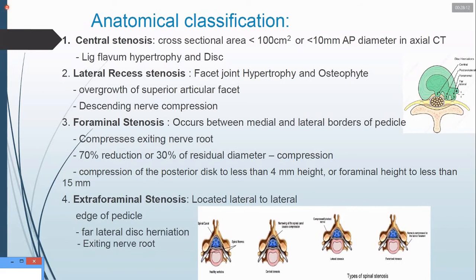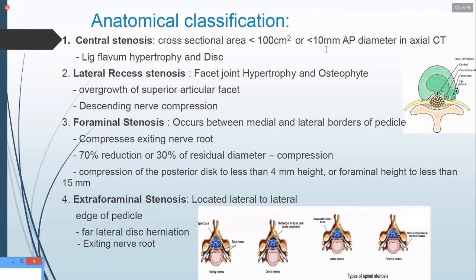We call it central canal stenosis when the area is less than 100 millimeter square, or less than 10 millimeter of the AP diameter in axial CT scan. Some say it's also 12 millimeter, but most commonly followed is the 10 millimeter.